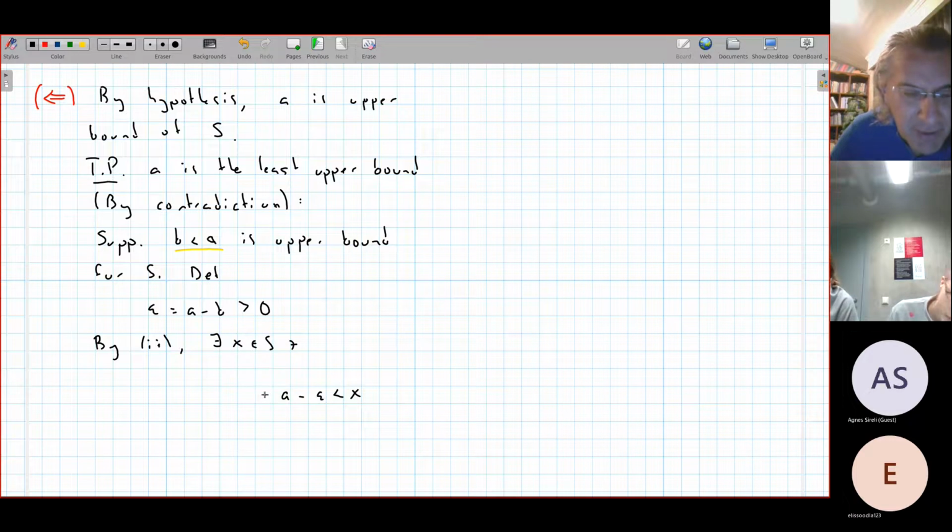And then you start to do calculations going to the left, A minus epsilon. What you can do is substitute epsilon and simplify. And what do you have now?